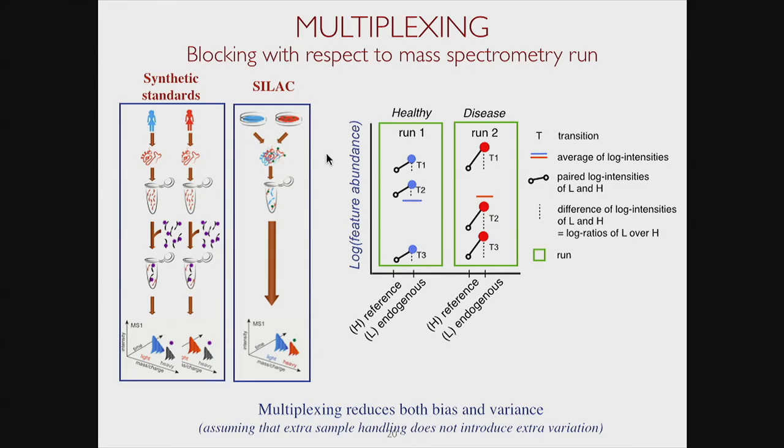So here's a cartoon that represents that. We have healthy and disease. The horizontal lines are the means of each group. If we just want to compare healthy and disease, we see that there's a lot of variation between the groups, so it's really hard to say if the change between the groups is systematic or not. But now the black dots are the corresponding reference intensities.